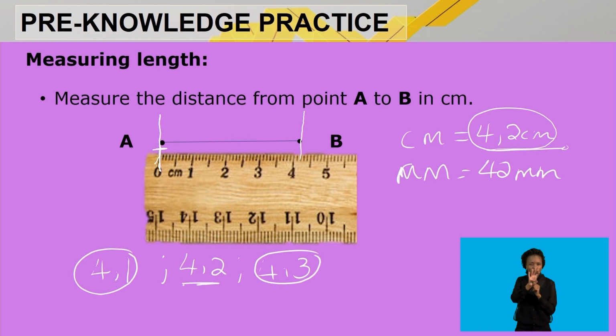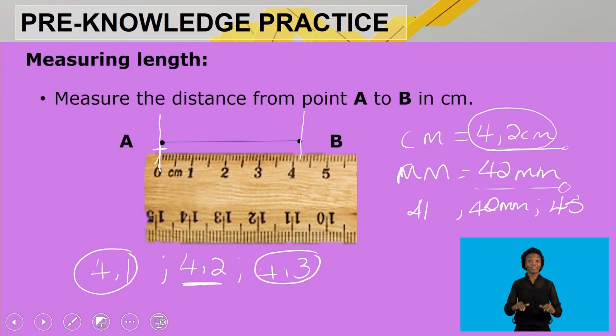Meaning even if you did not get this actual measurement, the value before and the value after will also be accepted. Same applies to your millimeters. If the actual answer is 42 millimeters, then the answer before that, 41, will be accepted, as well as 43 millimeters.